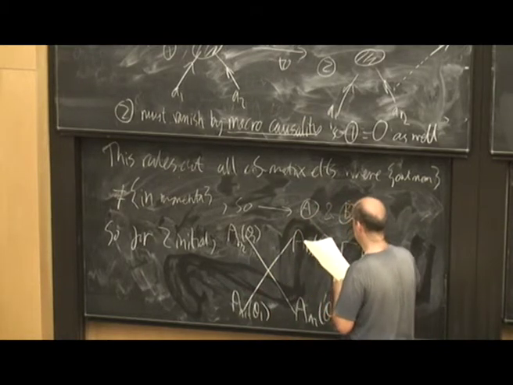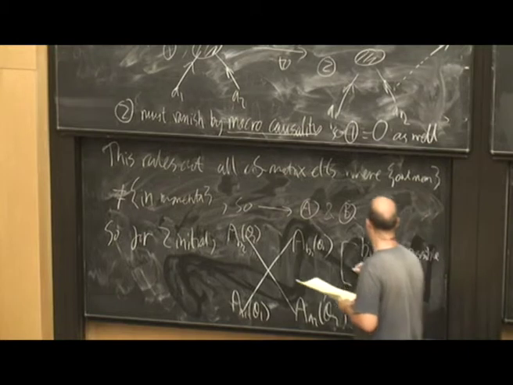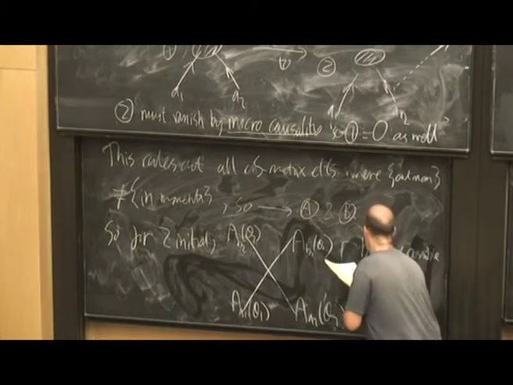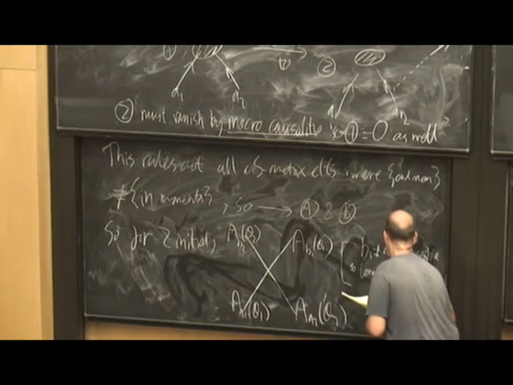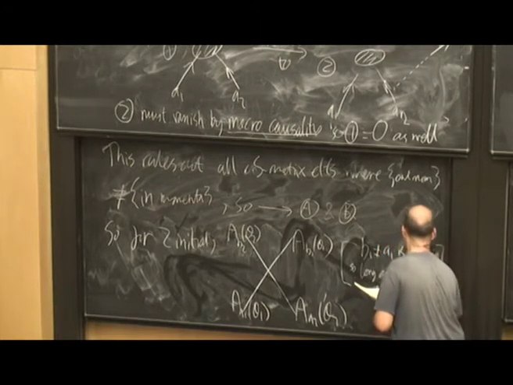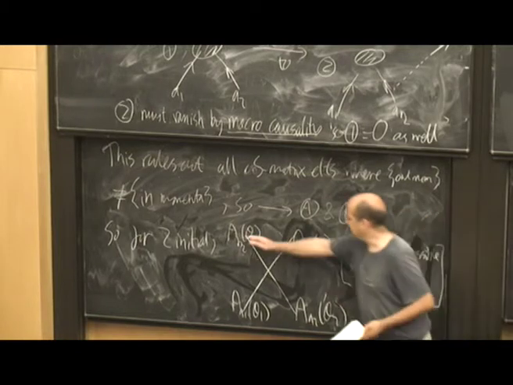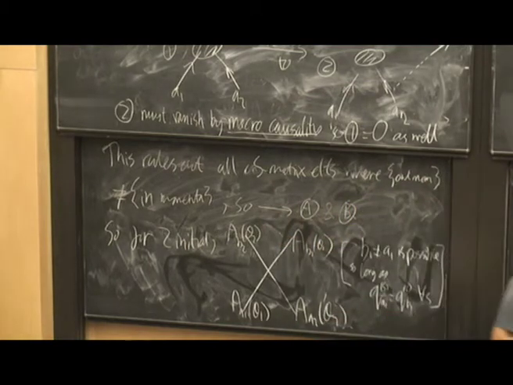So B1 not equal to A1 is possible, so long as QS of A1 is equal to QS of B1 for all S, including S equals 1. If that's true, then all my manoeuvring to shift these wave packets around before and after the collision will always have exactly the same effect on this one as on this one, so they'll always stay lined up in the same way. So I can't rule out the amplitude like that. So that's already told us quite a lot.